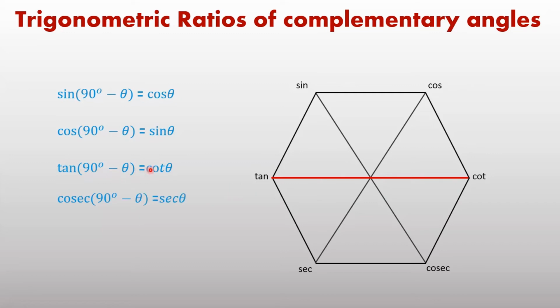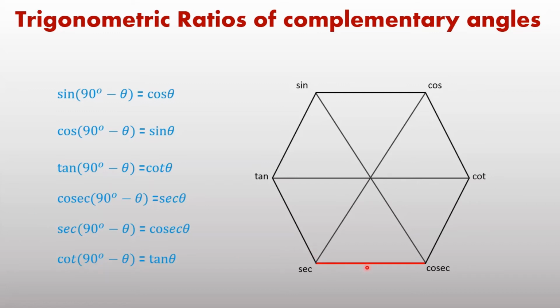Tan and cot both are related to each other. Means, with tan if 90 minus theta is written, write it as cot theta. And if with cot 90 minus theta is written, write down as tan theta. So tan 90 minus theta equal to cot theta, and cot 90 minus theta equal to tan theta.